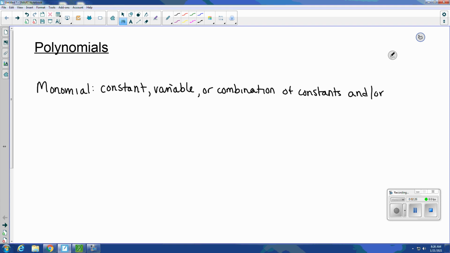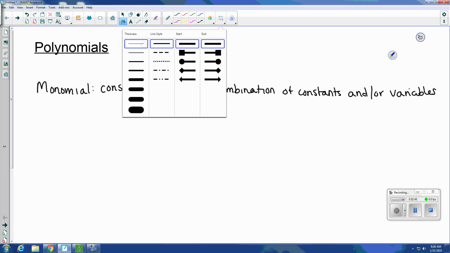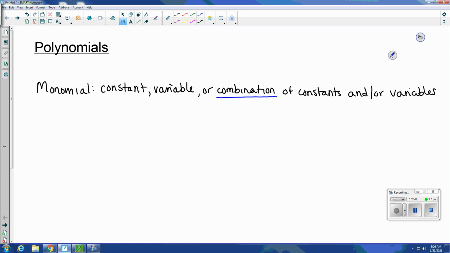Because we could just have a combination of constants, which would simplify to a single constant, or we could just look at a combination of multiple variables, say x and x. So there's no constant involved, but that still classifies as a monomial. Or as I showed you before, we could combine constants and variables. The key here is that the combination of these things must be done through the operation of multiplication.